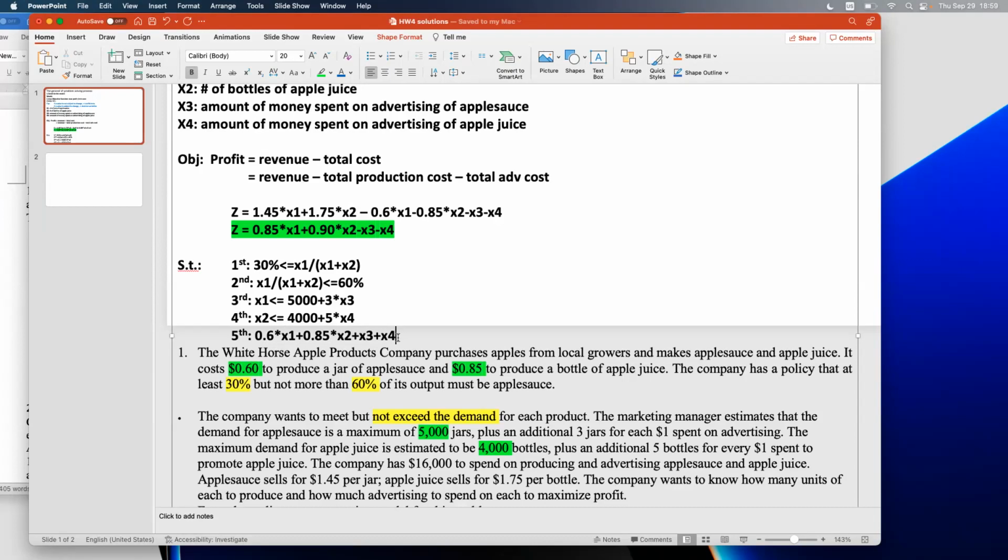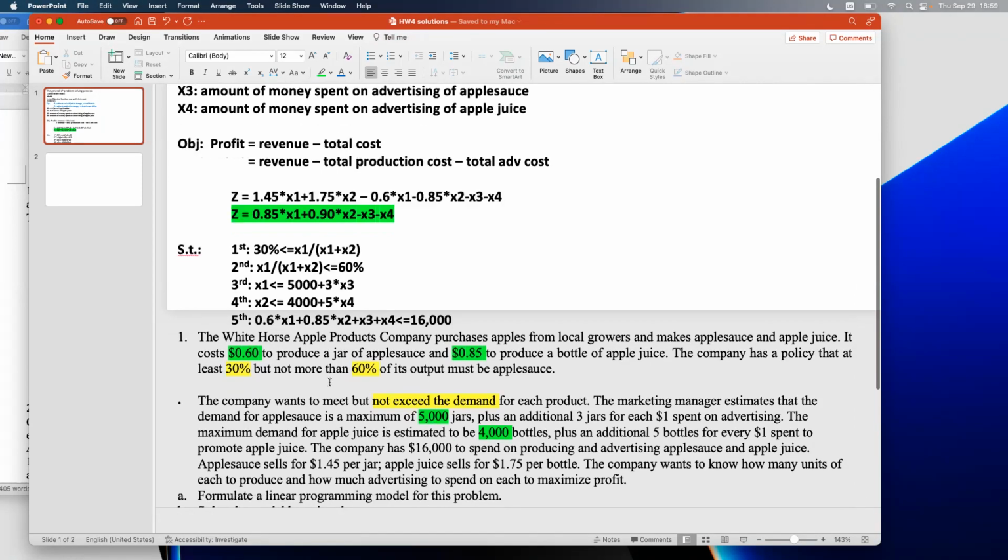The summation is our total cost, and it cannot exceed $16,000. So that's the fifth constraint.